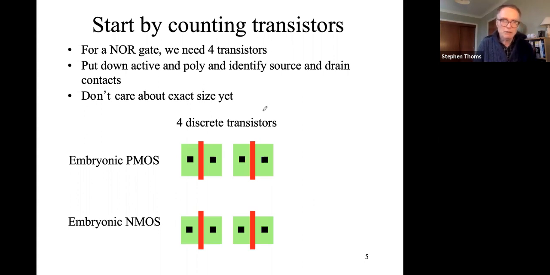We know they need an active layer, that's the green. What that basically is, if you remember, is where we etch through the field oxide, so we have access to the underlying silicon. We need to put down the poly, which is used for the gates, that's in red. And we also will need source and drain contacts.